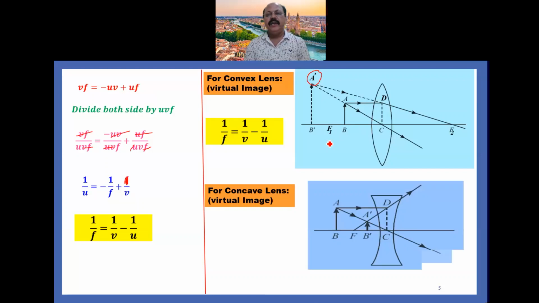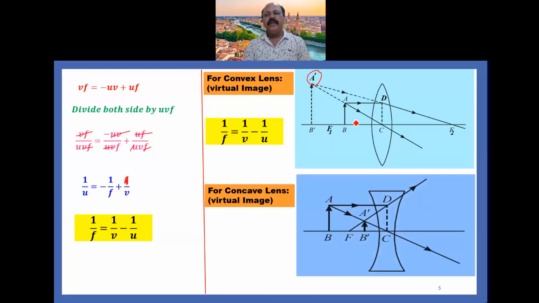So you see the ray diagram here, the object is AB. The first ray from the point A is parallel to the principal axis and gets refracted, that is, it diverges, and the second ray passes through the optical center, but the two refracted rays are not meeting.